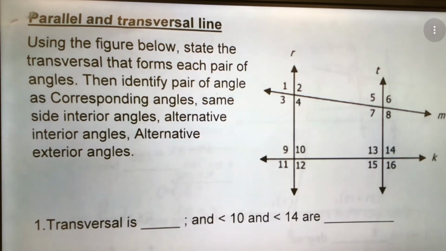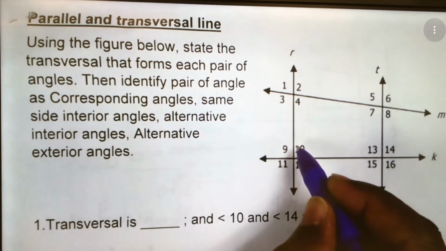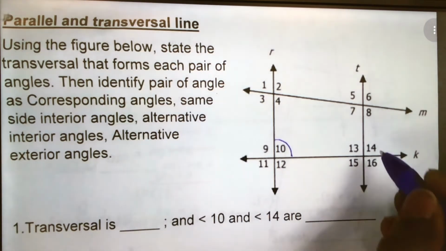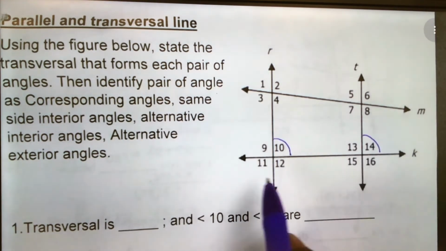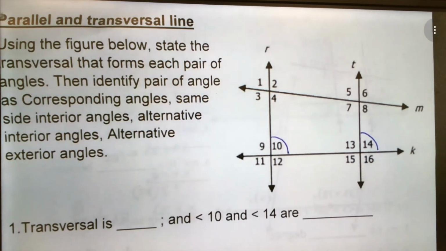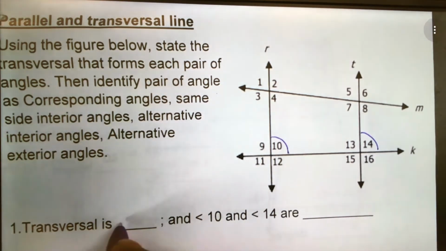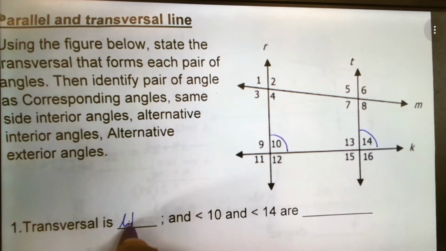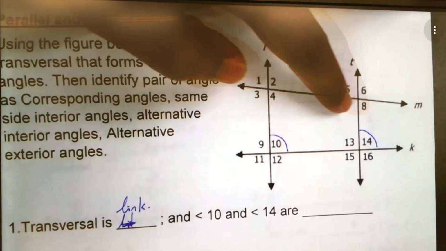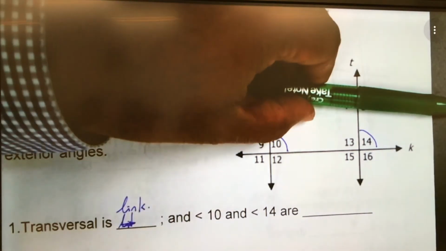When you draw the arc for angle 10, that is here, and angle 14, that is here. So this line K is the common line for both angles 10 and 14. So the transversal line will be line K. Now the other line is a distraction, so you can cover it up, we don't want that line.